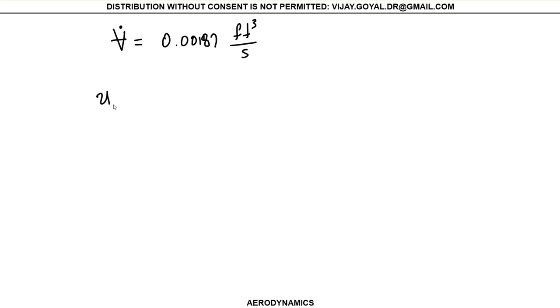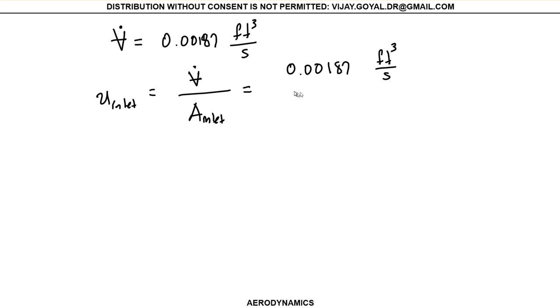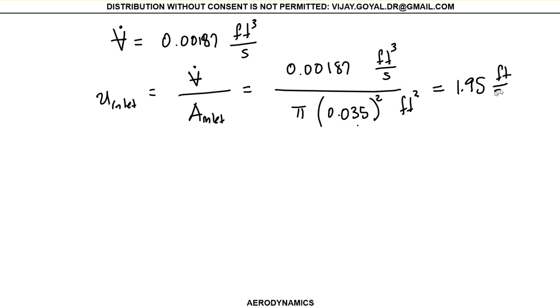Then my inlet speed is the flow rate divided by my inlet area: 0.00187 feet cubed per second divided by pi times 0.035 squared feet squared. Note that I used the conversion in feet. That gives me a value of 1.95 feet per second.